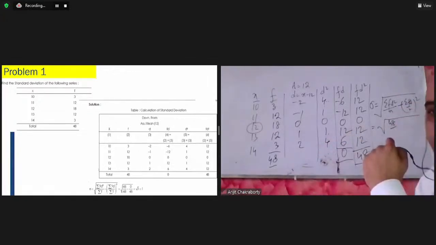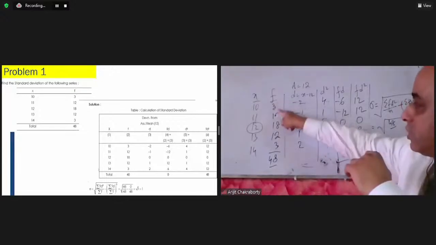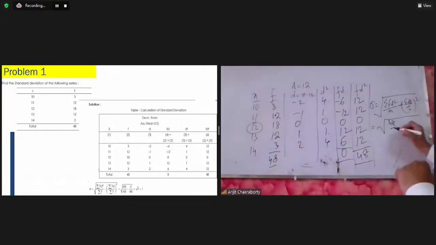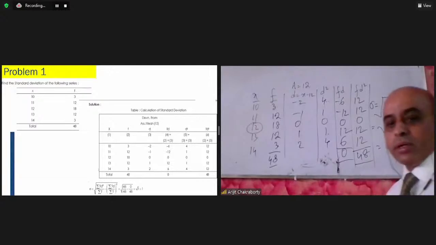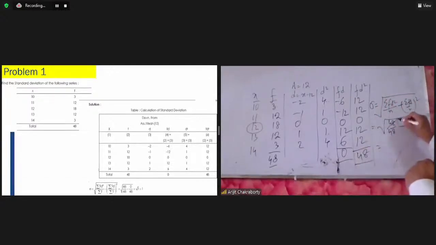N is also 48, it is given, total frequency is 48. So 48 by 48 minus sigma fd by n. Sigma fd is 0, so it is 0. We get 48 by 48, that is 1. Square root of 1 is 1. Answer is 1.